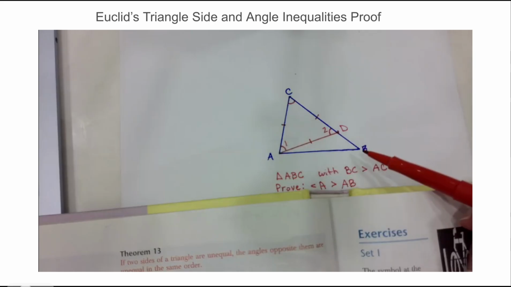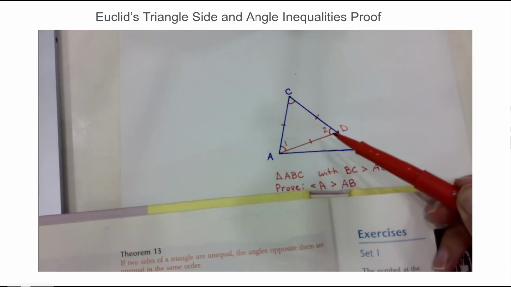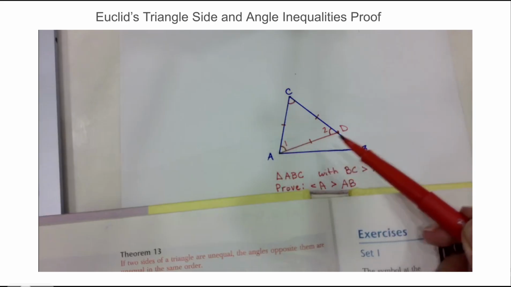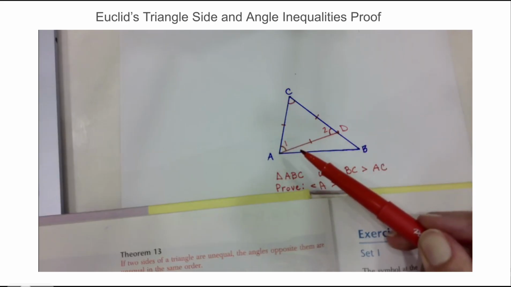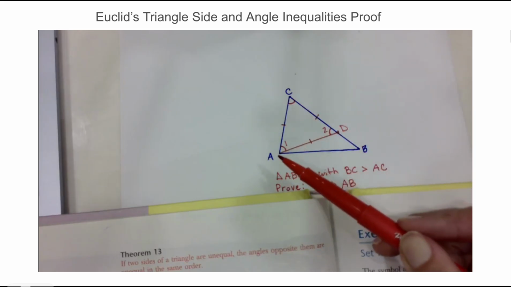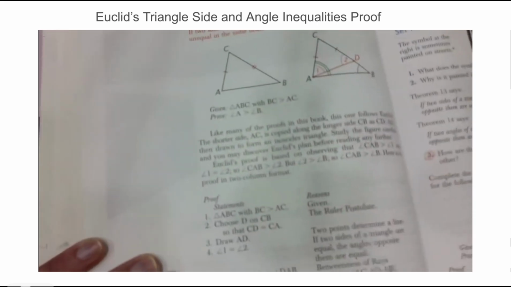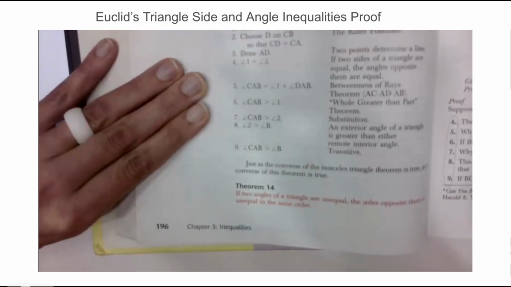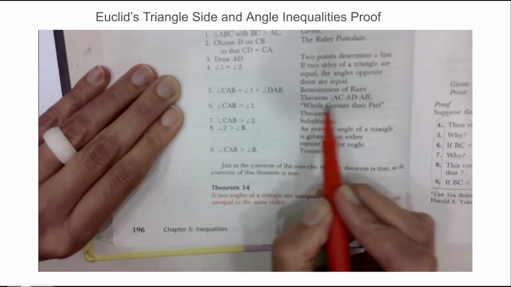CAB, this entire big angle, is equal to CAD, angle 1, and DAB, this angle that we did not name. So we have 1 and this angle add to the total of CAB. Saying all these letters gets kind of tongue twisted. Okay, so we know that because of the betweenness of rays theorem.